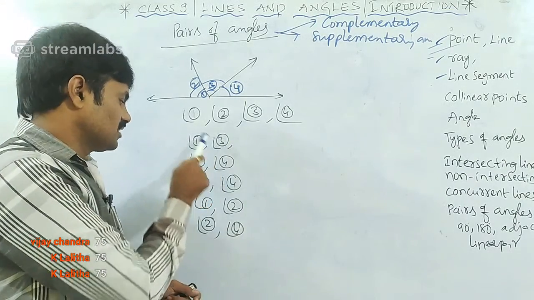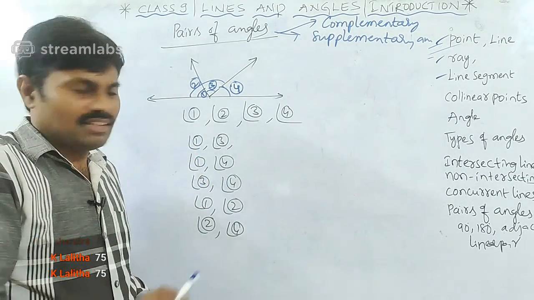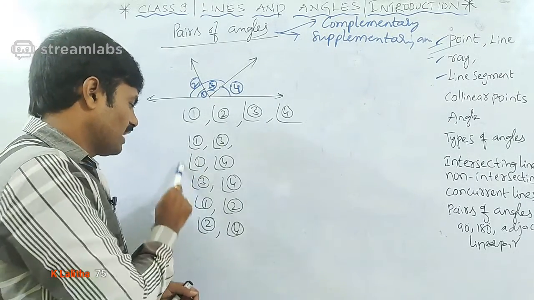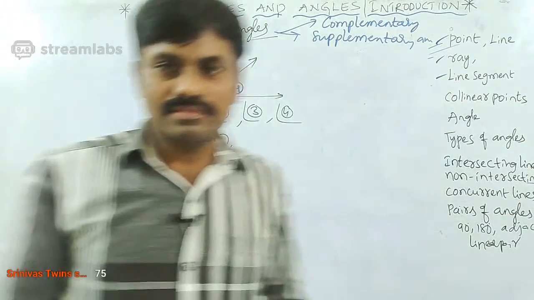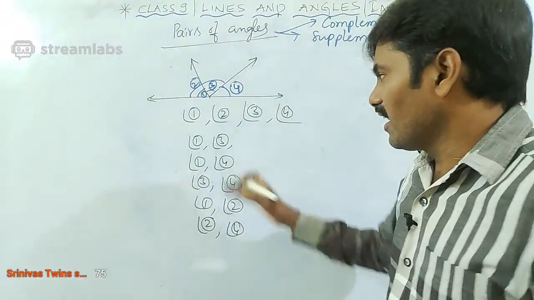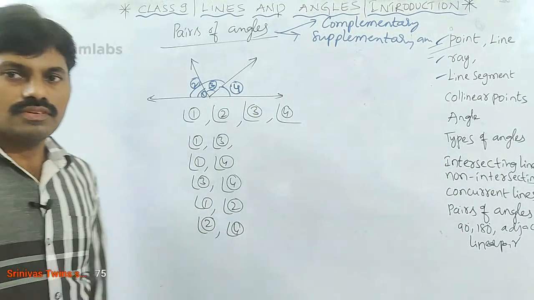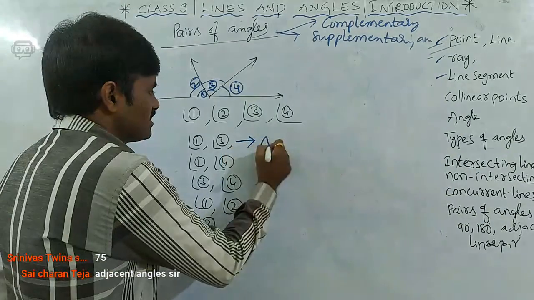See, angle 1, angle 3. If you observe, one common point is there. These are all pairs, pair means two angles. What do you call angle 1 and angle 3? Yeah, adjacent angles. Okay, these are adjacent.